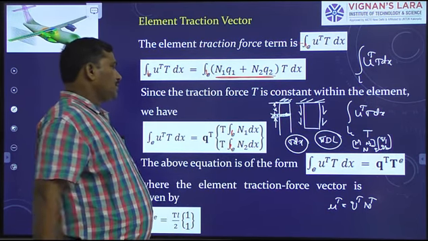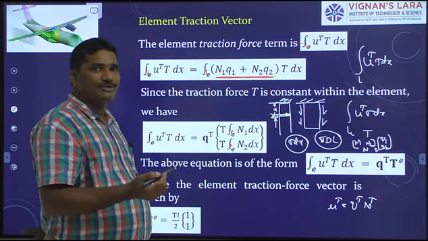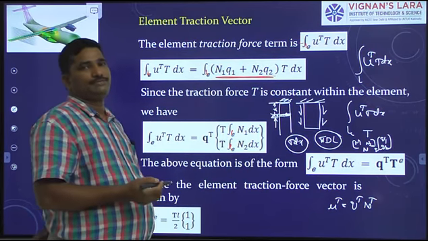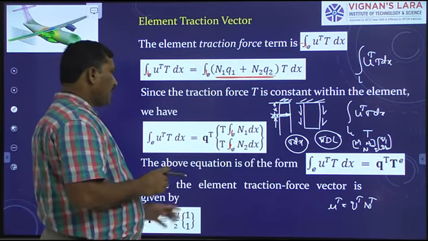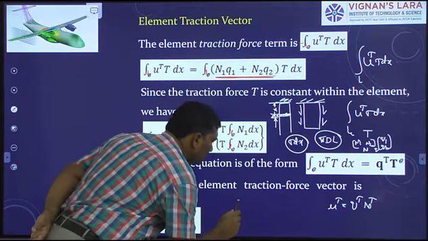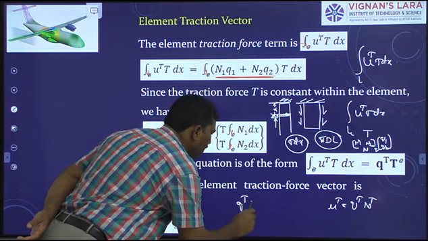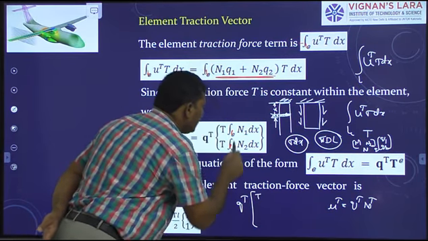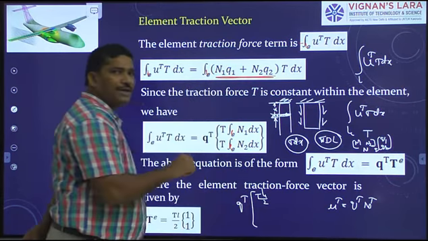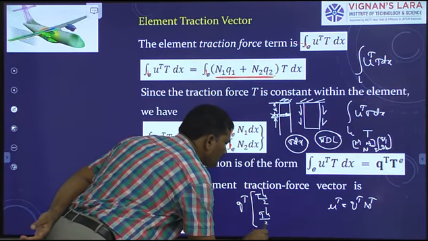Here again we know that the integral of N1 dx is L by 2. The integral of N2 dx is also L by 2. Hence, how do you get this matrix? We get it as Q transpose into T, since T is constant, into a column matrix with the integral of N1 dx, which is LE by 2, and the integral of N2 dx, which is LE by 2, therefore T into LE by 2.